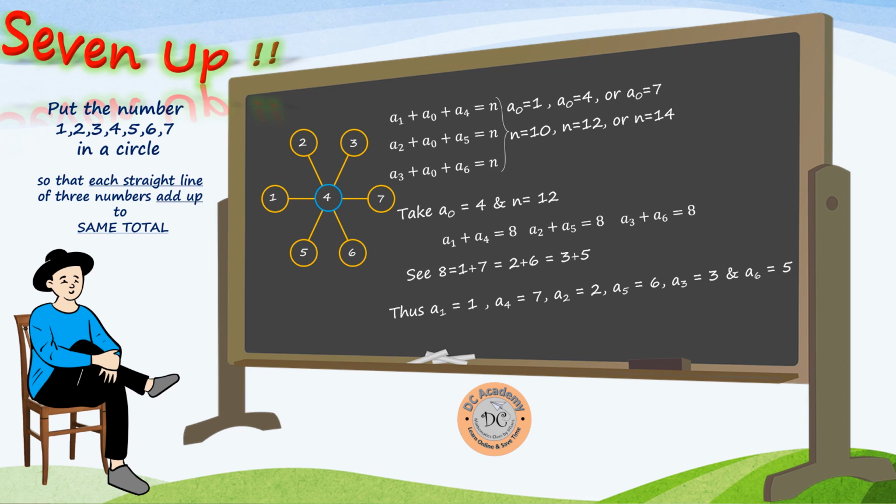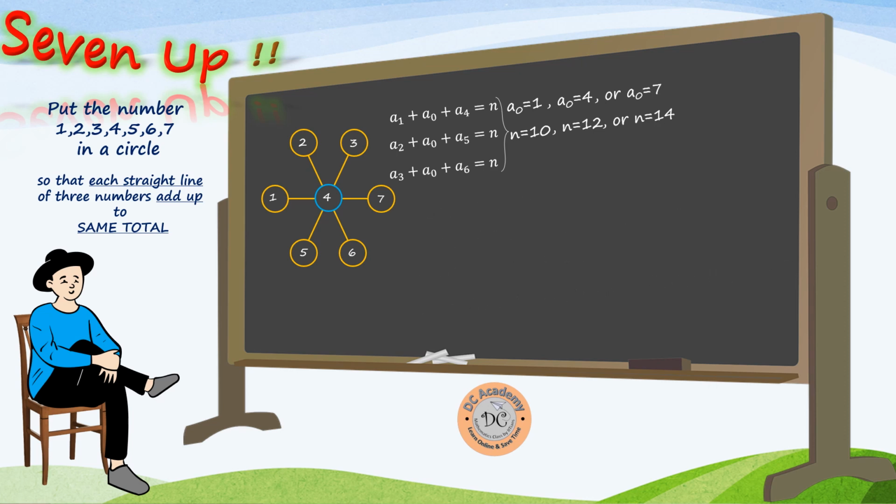So 2 is done. Now we have another part left, that is a0 equal to 7. So we consider that a0 equal to 7 and n equal to 14. If we consider that, in this particular case a1 plus a4 will be 7, a2 a5 is 7 again, a3 a6 is 7 again. How do we write 7 using two numbers from 1 to 7 except 7, that means 1 to 6?